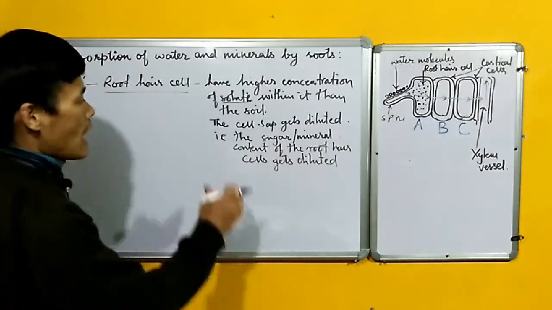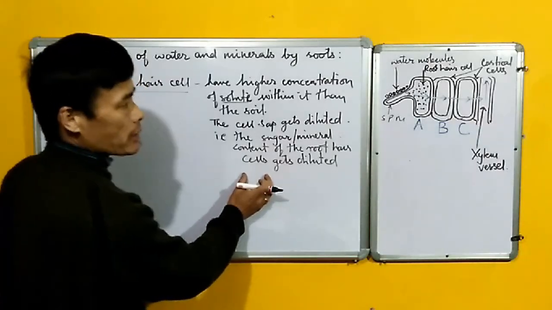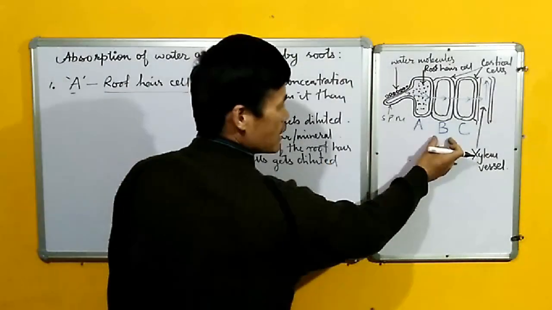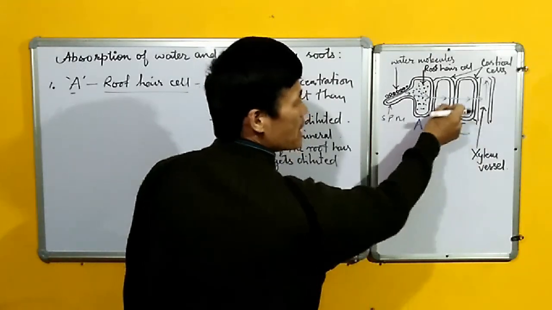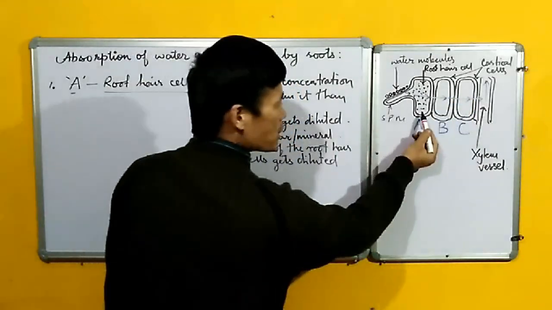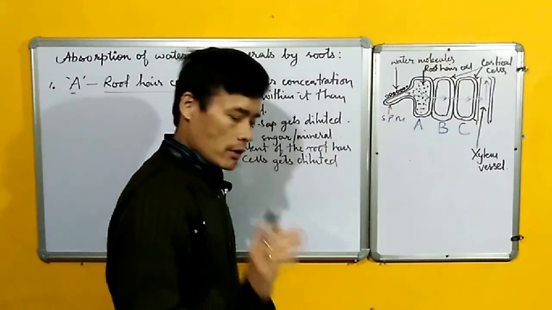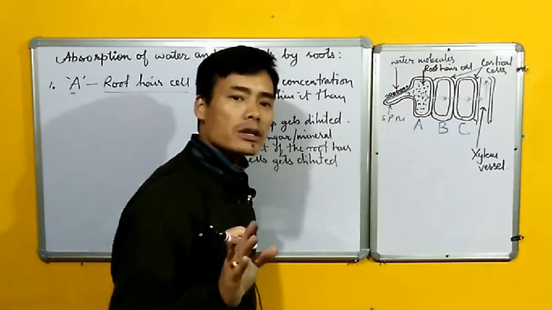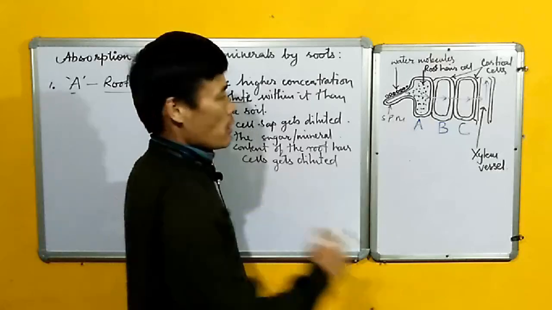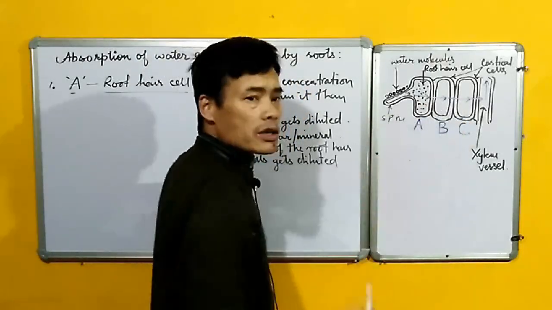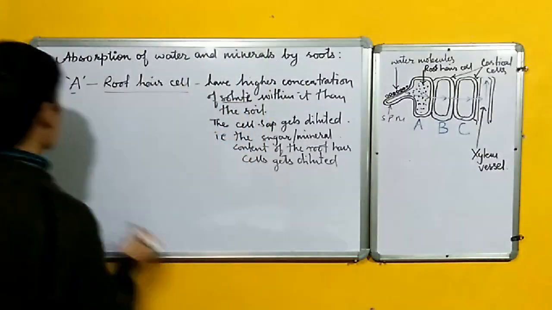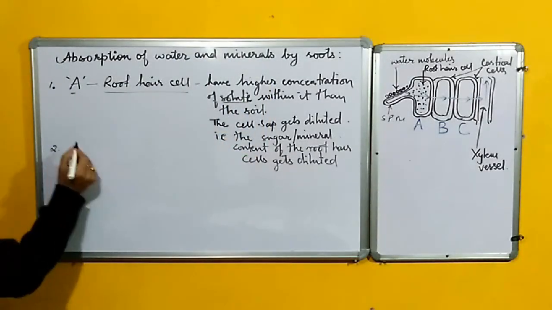Now, as a result of which, what happens? Comparatively, with this adjacent cell B, this particular cell A will have less concentration of solute, whereas cell B will have more concentration of solute.